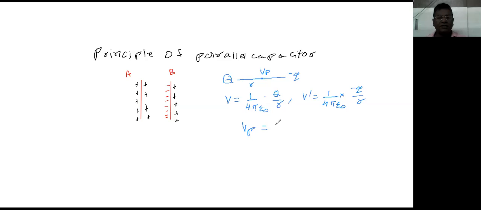In other words, it will be 1 by 4 pi epsilon naught into 1 by R, taking common, and in the bracket you are left with Q minus Q. This is the net potential now at P.